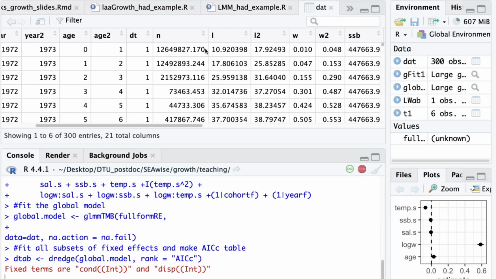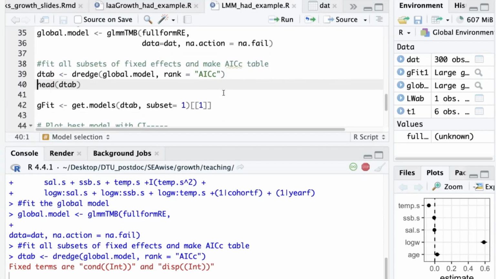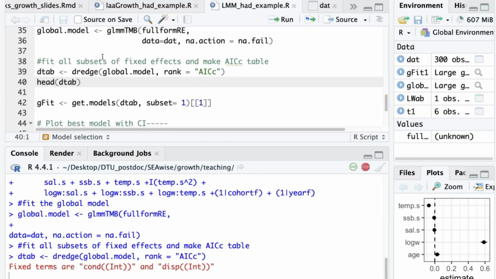It's very straightforward. But I could talk you through the next steps. So when we get that object, the D tab, we're going to look at the AIC table, and it ranks all the models by the AICC. So you can see what coefficients were in the top models.